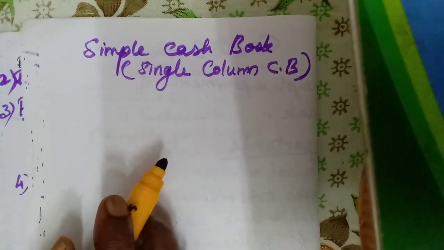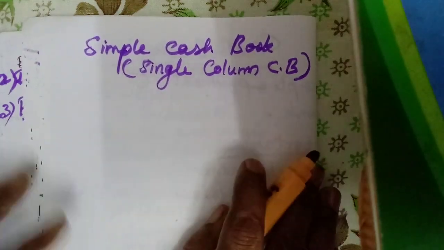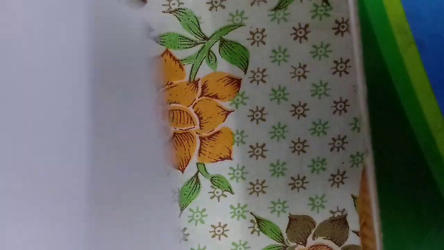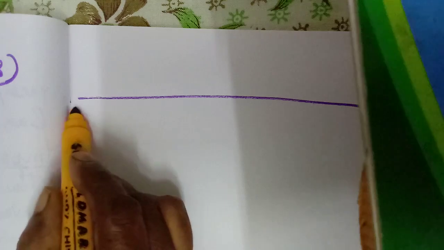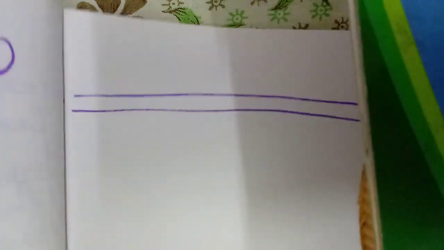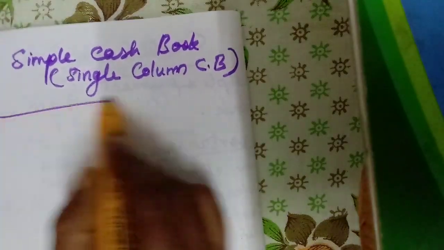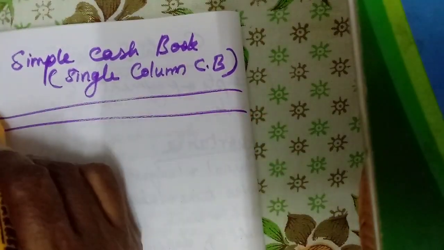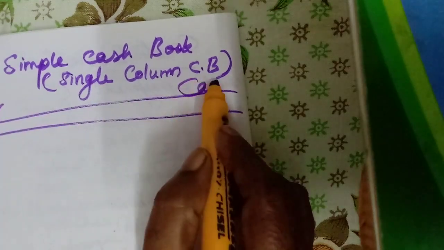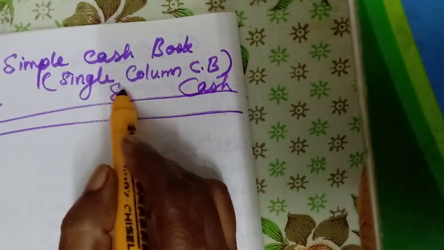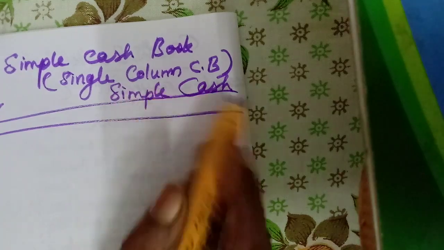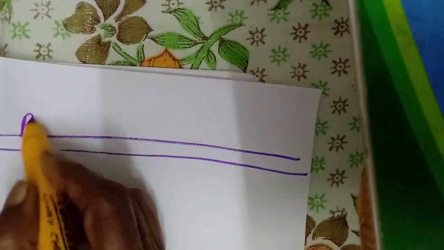Here in the amount column there is only one amount column, that is the cash column, for cash alone. I have told you this one looks like an account only. We write cash book, but we have two pages and we have to use both pages. This is the debit side of the cash book.